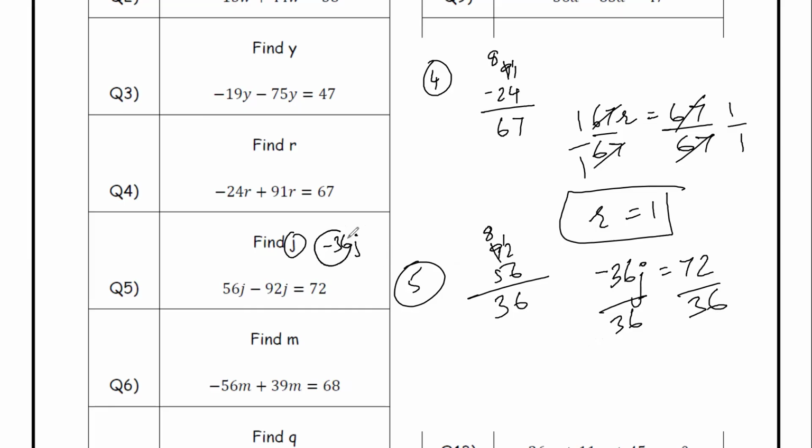Therefore, I need to get rid of the negative 36. First I'm going to divide by 36 and then take care of the negative sign in the end. So 36 goes, I got negative j is equal to 2 times 36 over 36, so I got 2. So j is equal to negative 2.